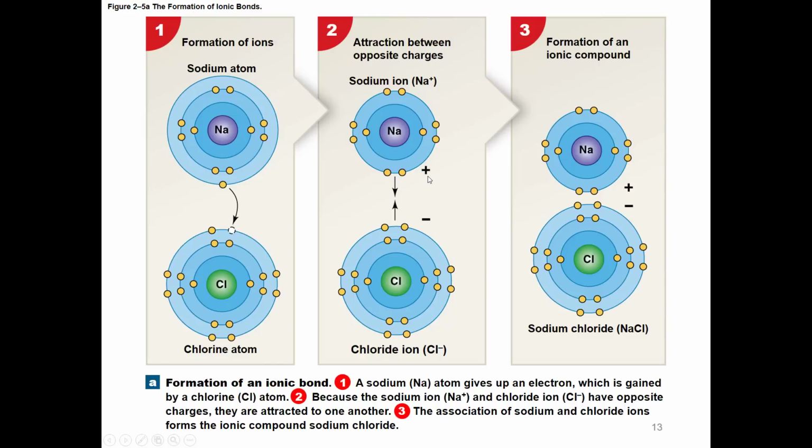What happens when positive and negative get near each other? They attract. So sodium chloride will attract to form an ionic bond. Again, an ionic bond is a bond between two oppositely charged atoms. We now call this the compound sodium chloride.